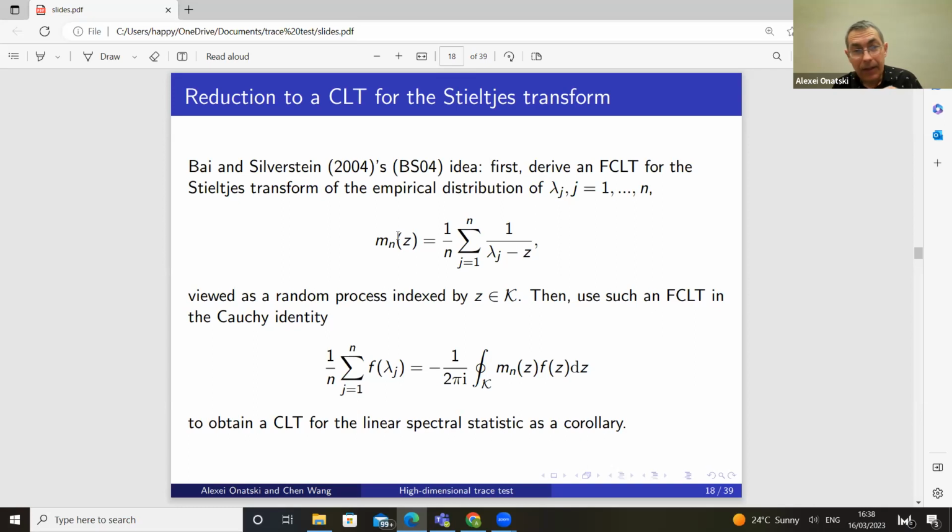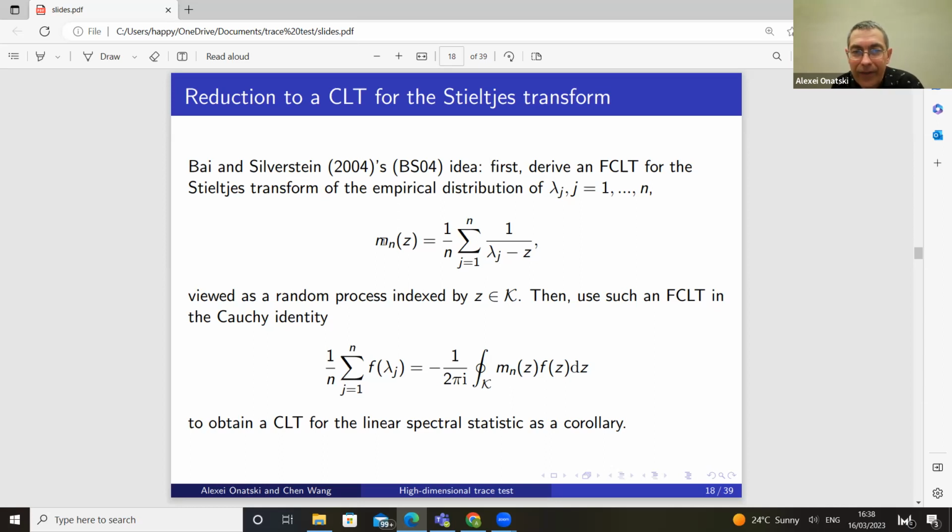And then I will be using complex analysis, which says basically if I integrate this Stieltjes transform multiplied by a function f along this contour, then what I will be getting is the sum of the function evaluated at these particular singularities.